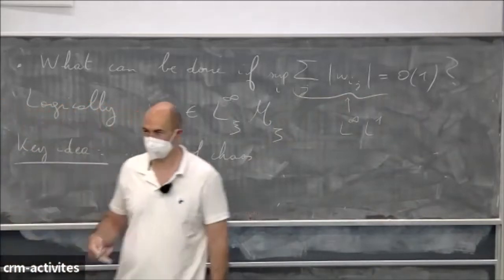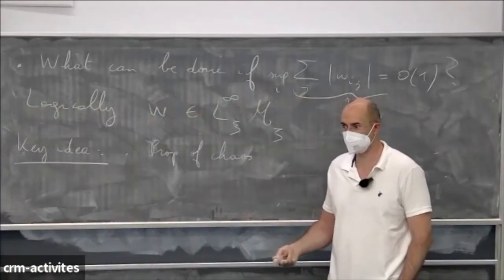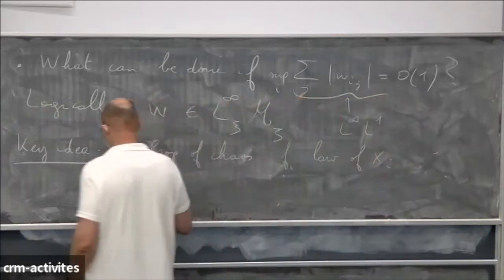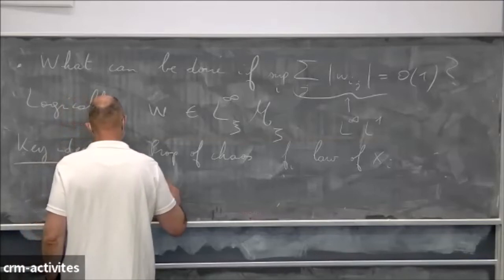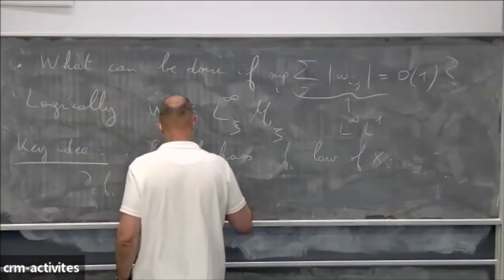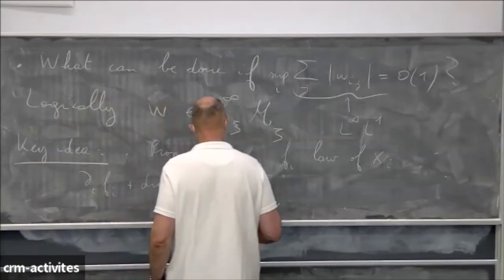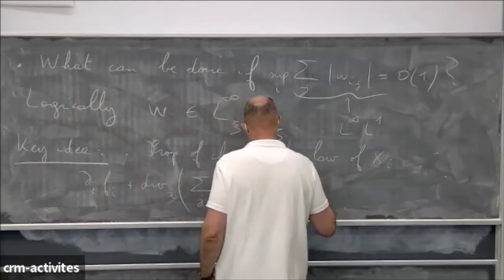What you have after propagation of chaos is a coupled system of PDE on the law of each particle. If I call Fi of Xi, what you get is something like dt of Fi plus divergence X of the sum over j of Wij K convolved with Fj, Fi.